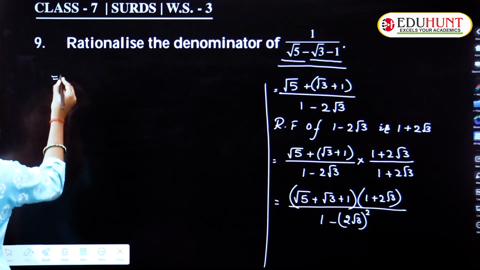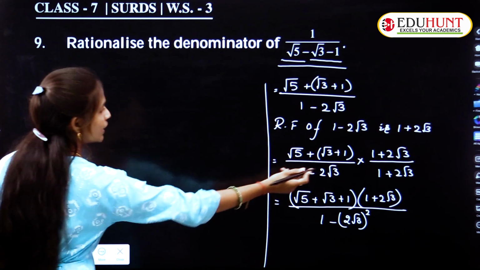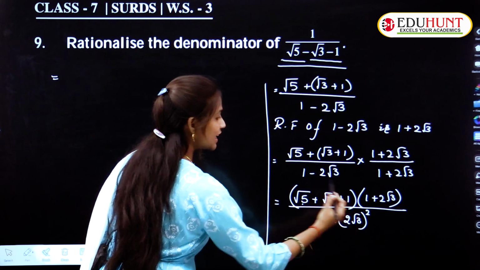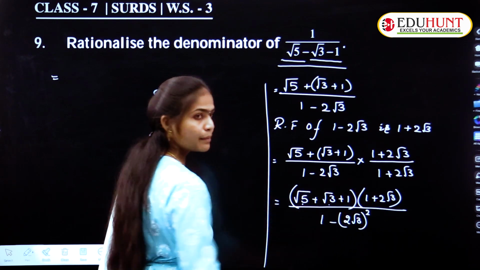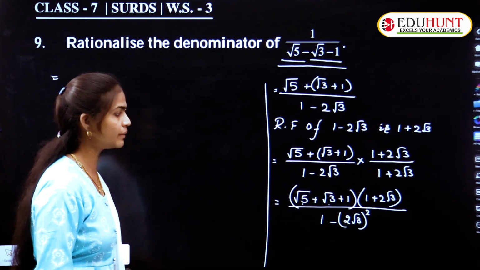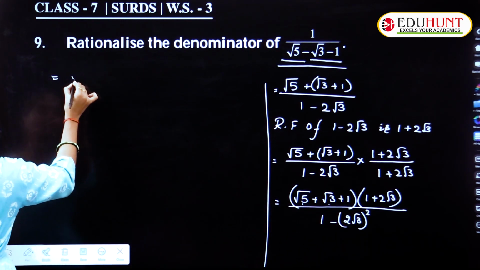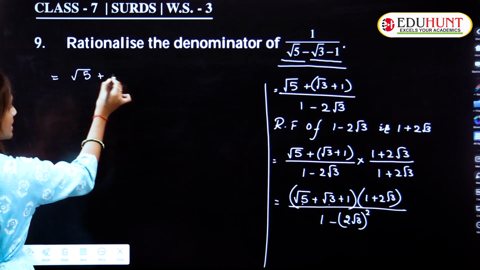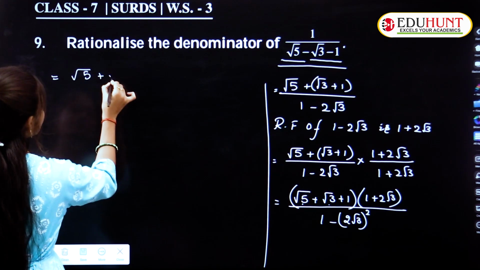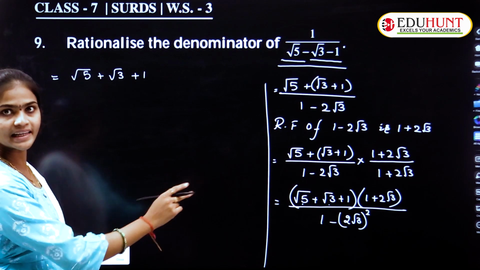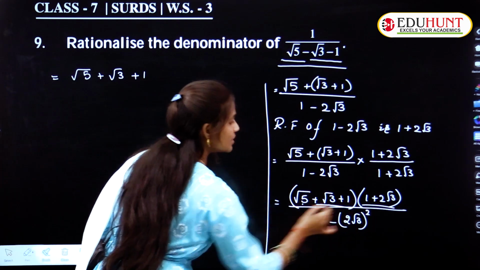so here after simplifying that, root 5 into 1 plus 2 root 3. So from that each and every term should be multiplied with that the binomial 1 plus 2 root 3. Okay. So root 5 into 1 is equals to root 5 plus root 3 into 1 is equals to root 3 plus 1 into 1 is equals to 1. Here I am taking that the product of these two terms.